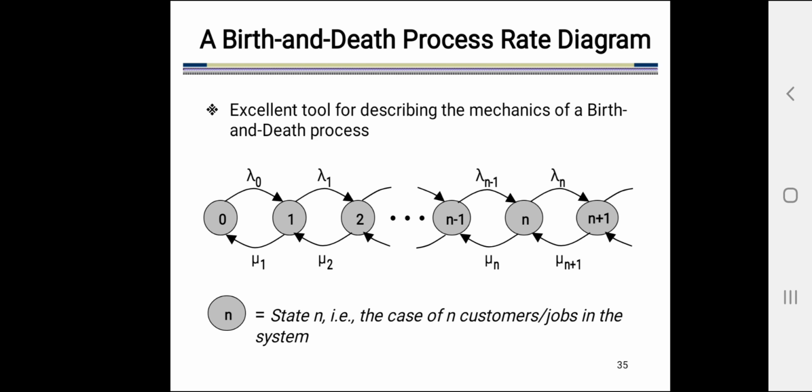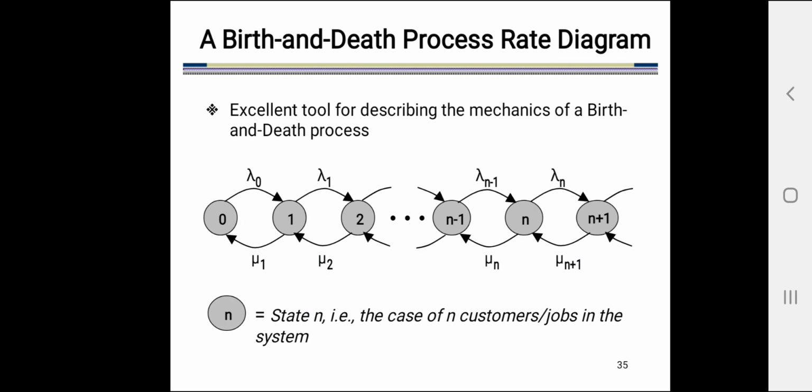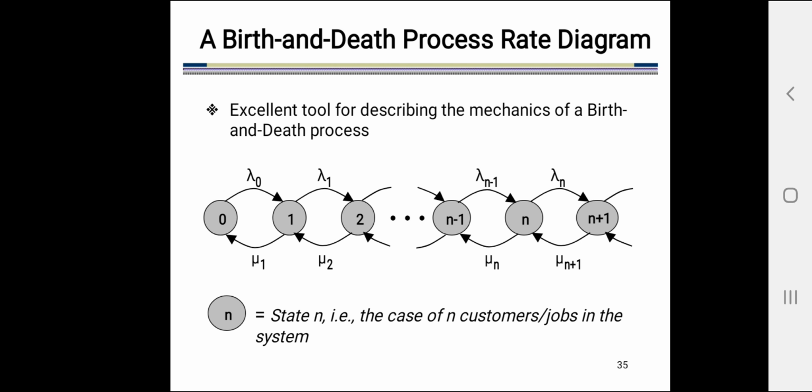Here it is state n, that is, the number of customers or jobs in the system is n, with arrivals at rate lambda and departures at rate mu. There are also some assumptions of M/M/1 models, so we'll discuss this part in the next session of this lecture.